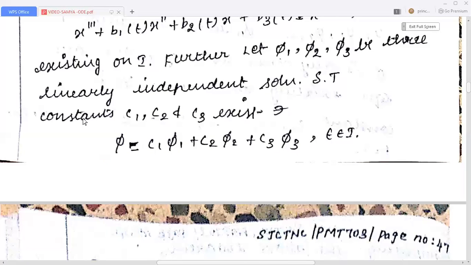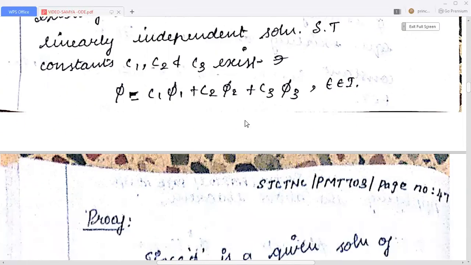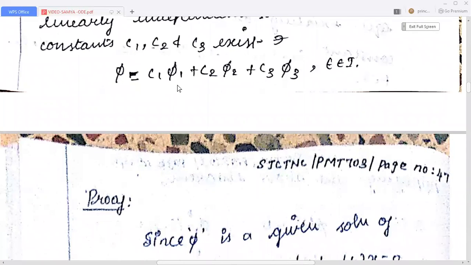Show that there exist constants C1, C2, and C3 such that phi equal to C1 into phi 1 plus C2 into phi 2 plus C3 into phi 3.